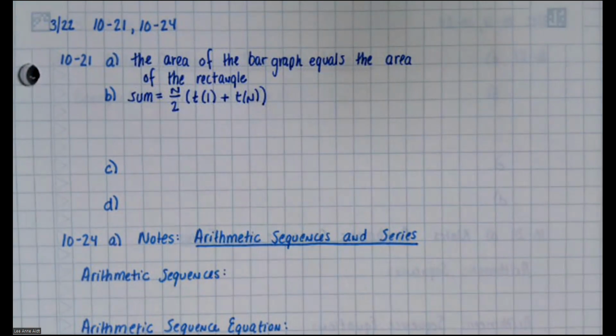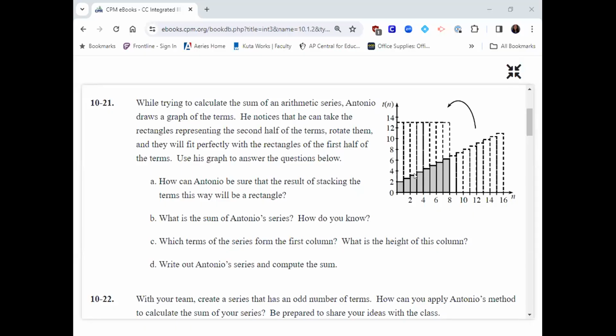Okay. All right, now take a look at the original graph before he rotated it. How many terms are in this series? 16. Okay, so you guys write on your paper, sum equals 16 over 2. And what is the first term? I'm pointing over here. 2.